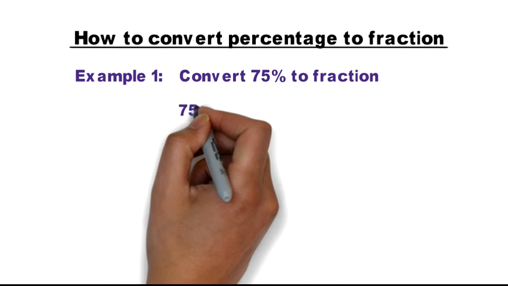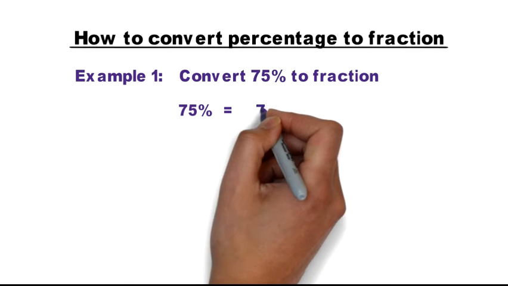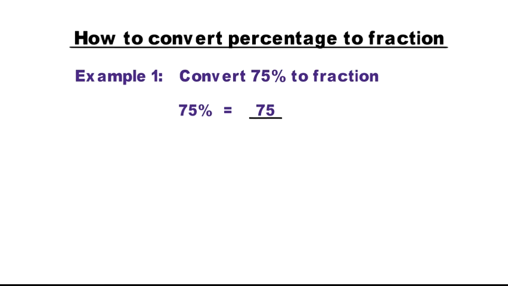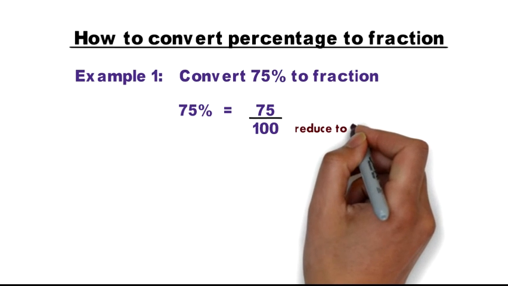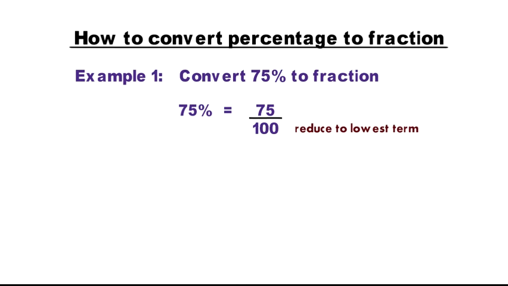So, to solve this question, 75% is equal to 75 divided by 100. Next, we will reduce the fraction to its lowest term. To reduce the fraction to its lowest term, we need to find a number that can divide the numerator and the denominator. The number 5 can divide both 75 and 100.